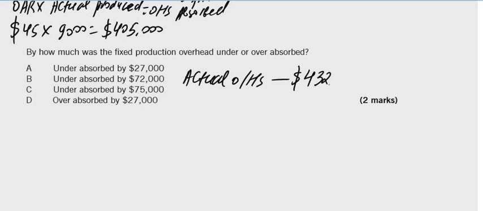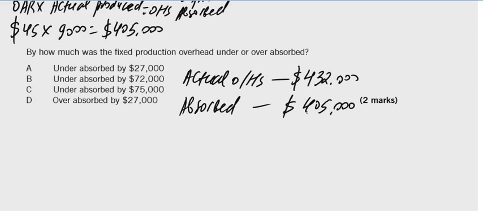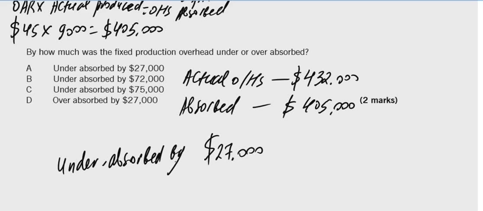Absorbed, we have just found, is $405,000. If we compare them, the difference is $27,000. Absorbed is less than actual, so that will be under absorbed by $27,000. That's why the answer will be A.